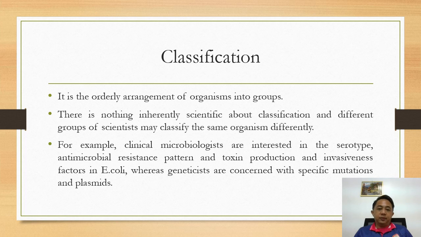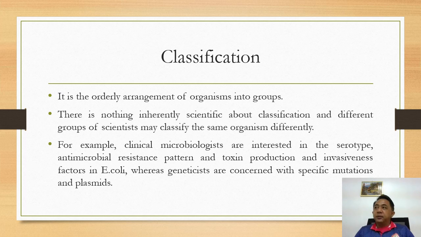So next, another topic that we're going to discuss for today's slide is on classification. Okay. So when we say classification, it is the orderly arrangement of organisms into groups. So when we say orderly arrangement, it means that we are going to classify them from the highest taxa until the smallest or lowest unit of the taxa, which is the species.